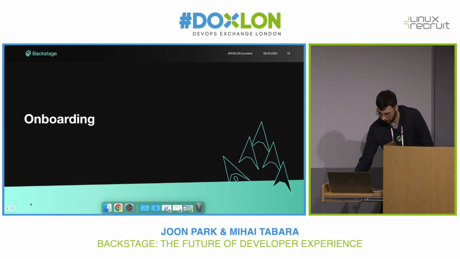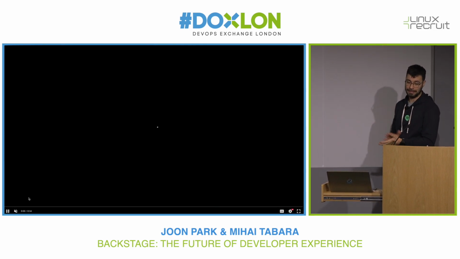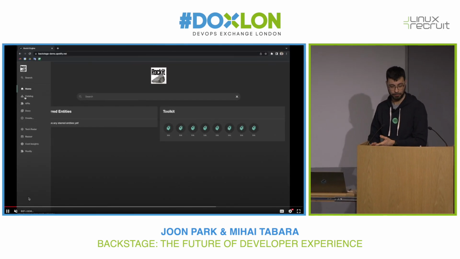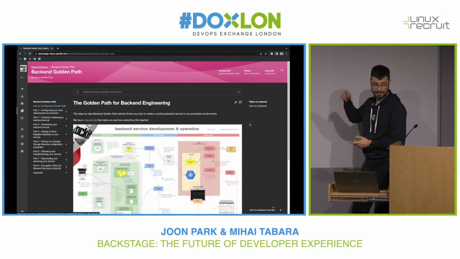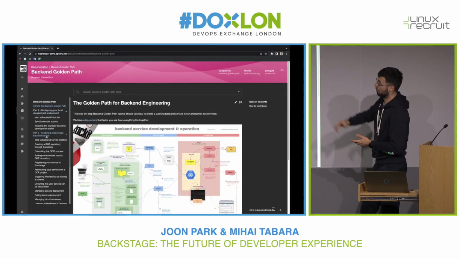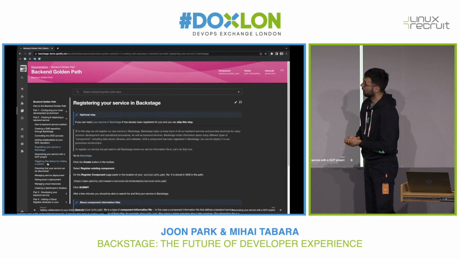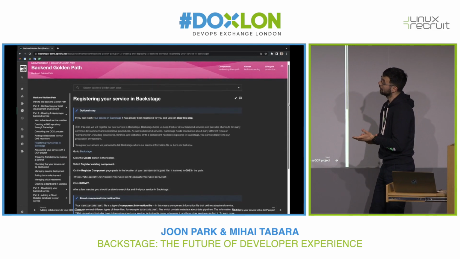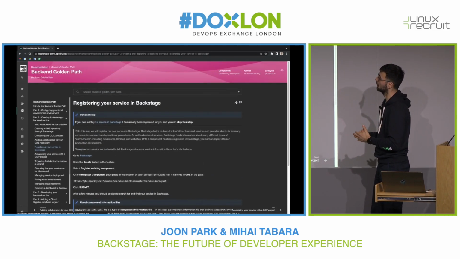Let me try to play the last video here, just to see a definition of what's similar here. So we find the documentation piece in the catalog, and this is a golden path for backend engineering. And then we've got all of those steps listed out that I'm supposedly following when I want to transition myself into this vertical.